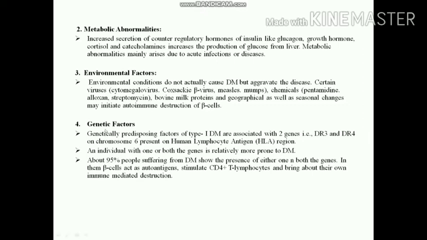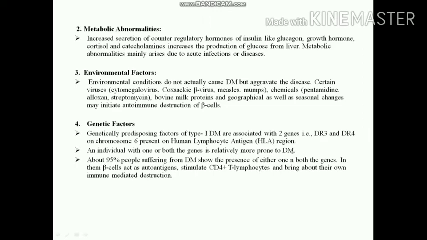And next, number 4 is genetic factor. Genetically, the predisposing factors of type 1 diabetes are associated with two genes, that is DR3 and DR4 on chromosome 6, present in the human leukocyte antigen HLA region. An individual with one or both of the genes is relatively more prone to the DM.